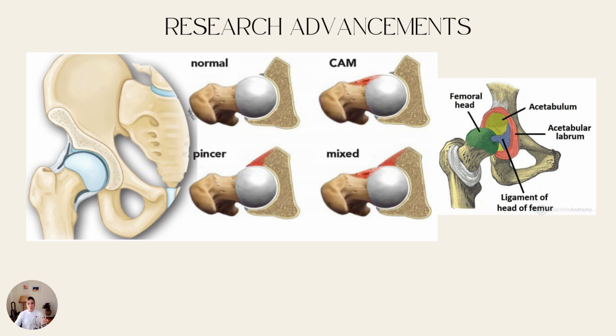With all this research advancement, we introduced new challenges. We now see many structural abnormalities in people without any pain. That forces us, allied health professionals and health professionals, to recognize that structure doesn't equal symptoms.